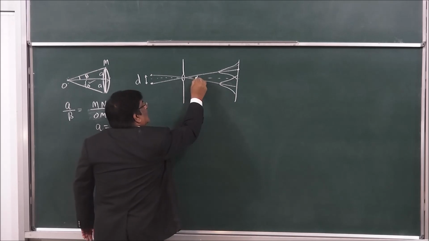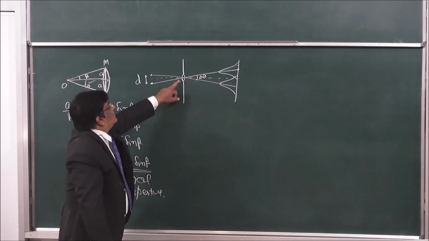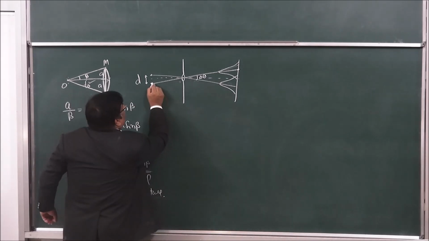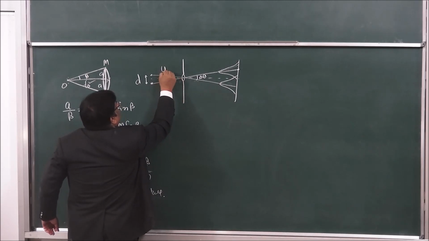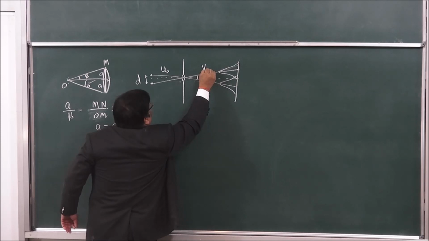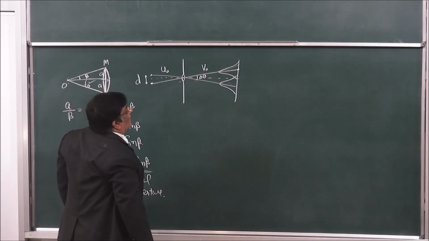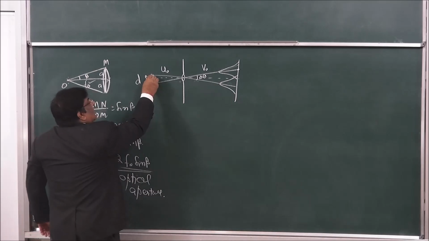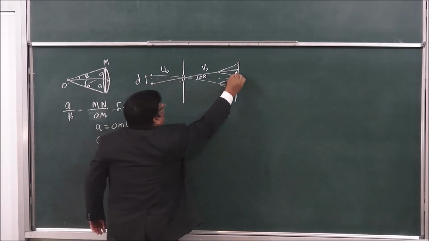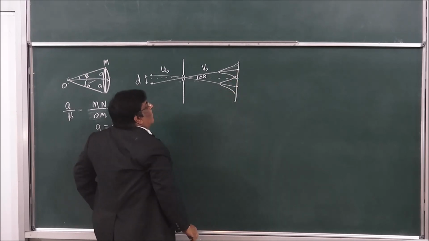This angle we have already given the name delta theta. Now this is a lens. If this distance is u of the objective, this distance will be v for the objective. Now we have certain relations. These are the 2 points, and these are the 2 points of the image.